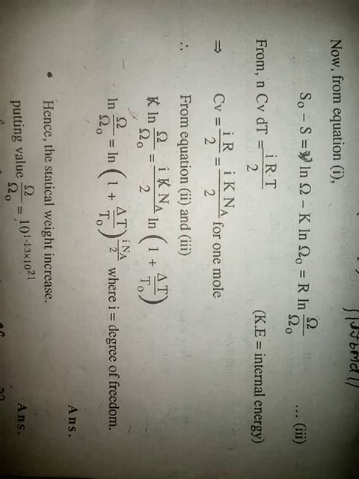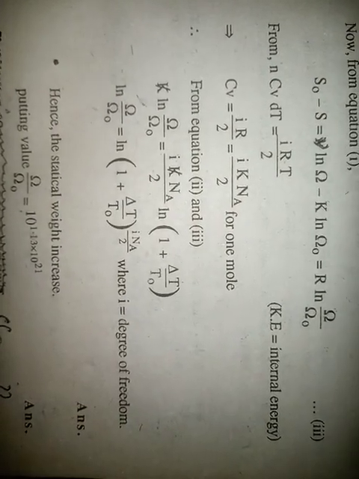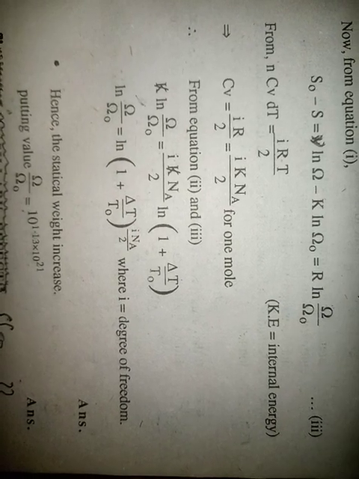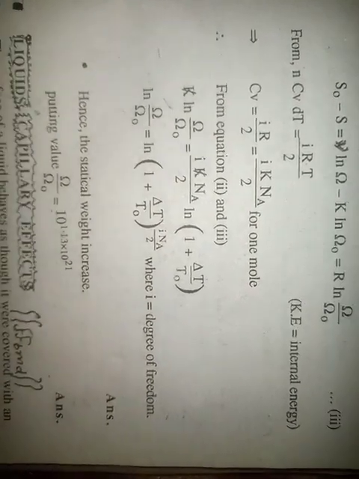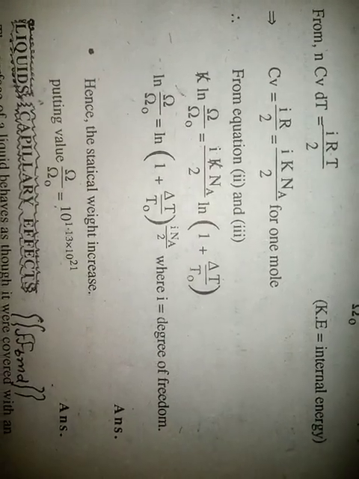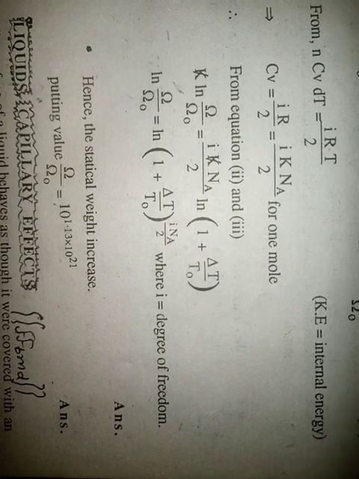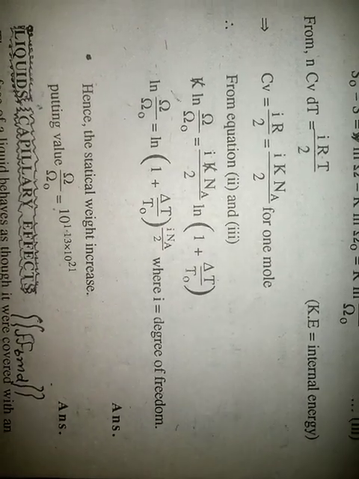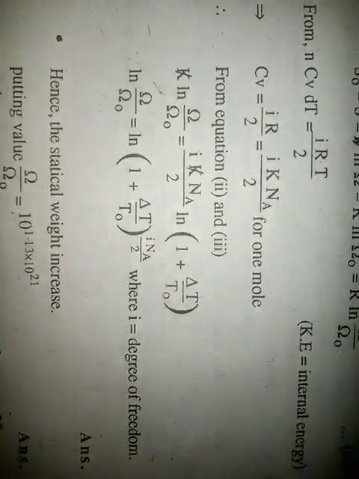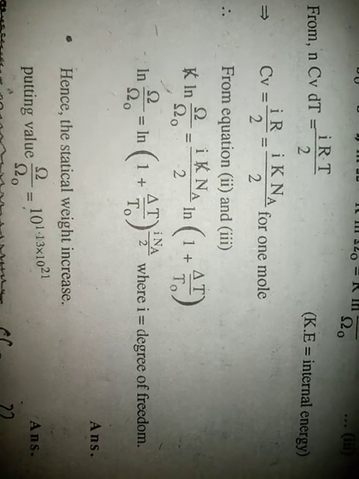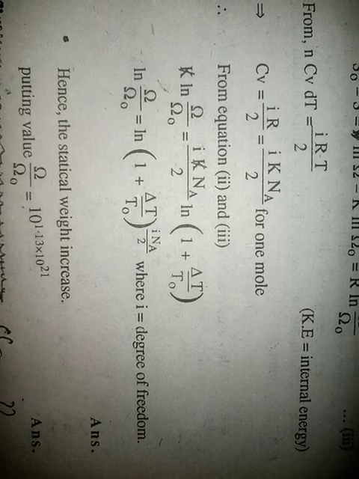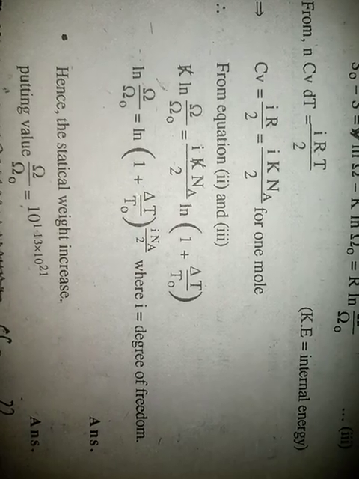Hence from equations 2 and 3 we have k log omega by omega naught equals i k N_A by 2 log (1 plus delta T by T naught). Log omega by omega naught equals log (1 plus delta T by T naught) to the power i N_A by 2. The statistical weight increases. Putting the values, omega by omega naught equals 10 to the power 1.13 into 10 to the power 21. Answer.